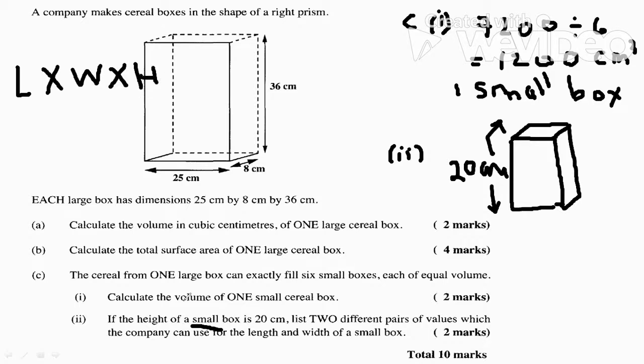The height is 20, and they want two numbers to go right there, so that when you multiply this number and this number times 20, you get back 1200. That's what they want. You follow? So what are those two numbers?